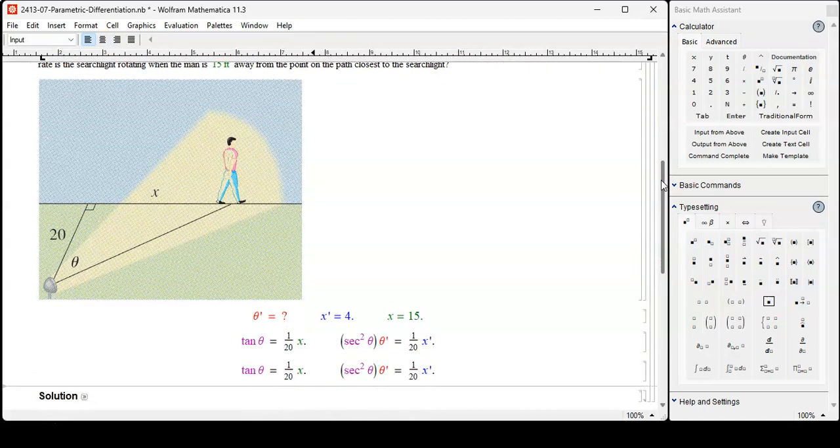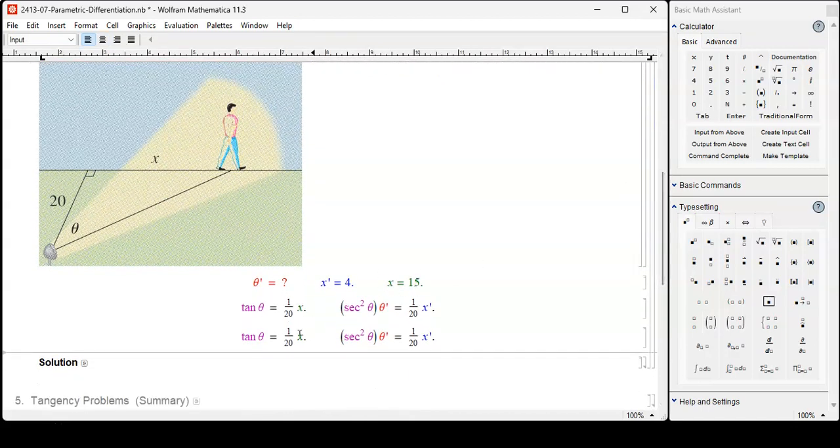Oh, I don't need to go all the way back. X is here, 15. So this is 15. On second thought, let's put in 15 up here again. And then let's put x back here again.